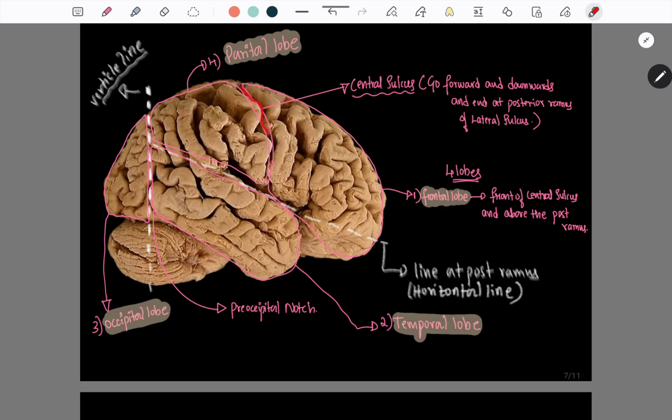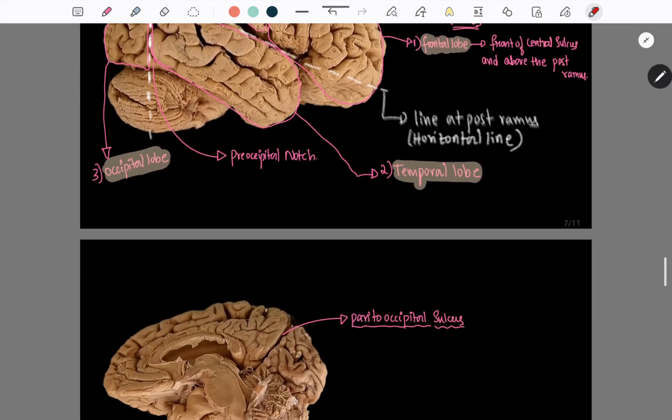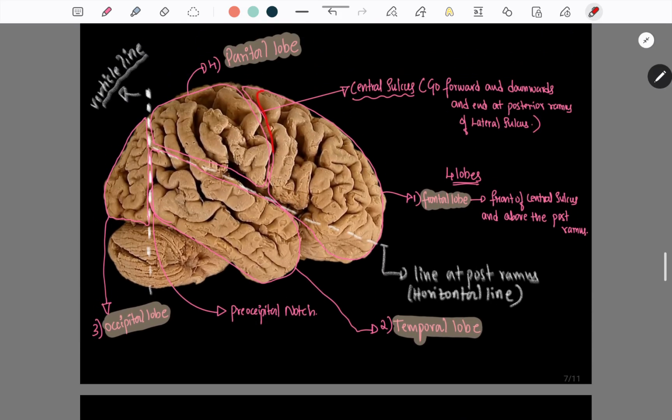See, this was the central sulcus and this is the posterior ramus. In front of the central sulcus and above the posterior ramus you can see a lobe. This lobe is called the frontal lobe.